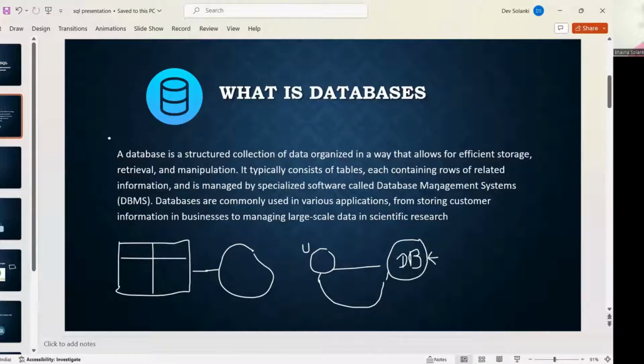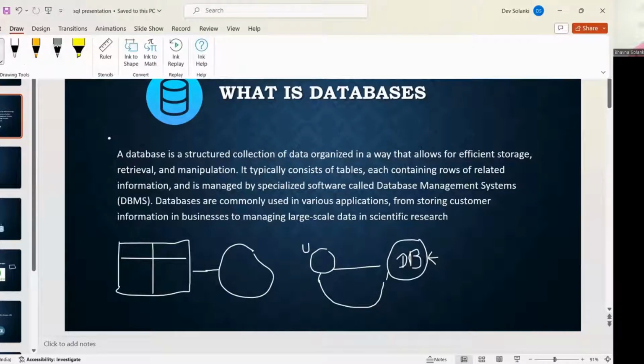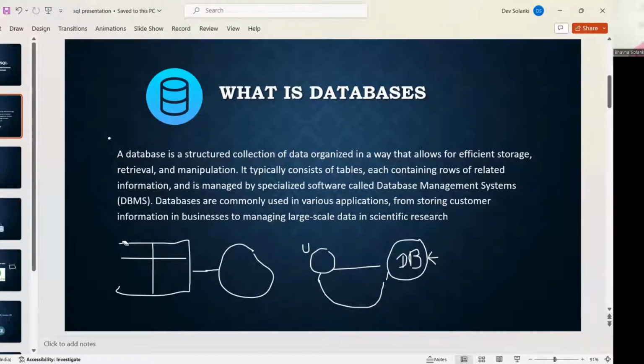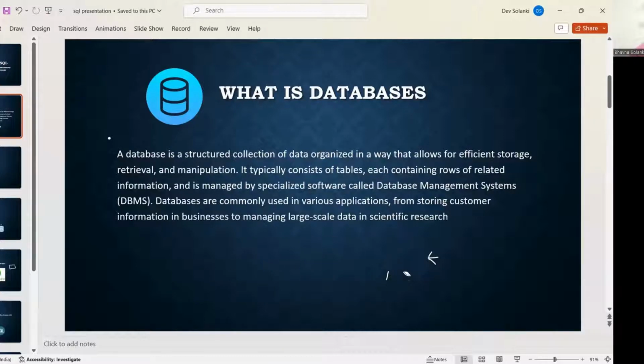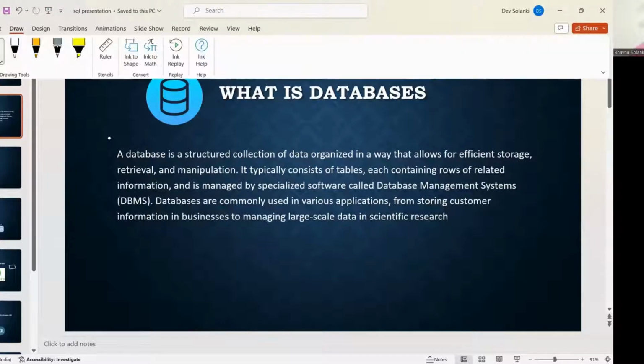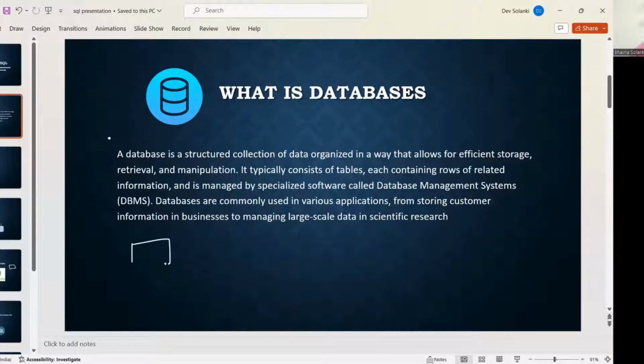But what is database management system? So, let me explain this first. Let's suppose a user cannot have direct access to these databases.